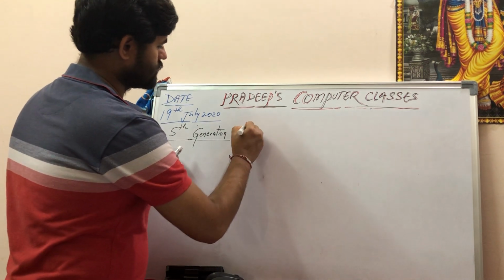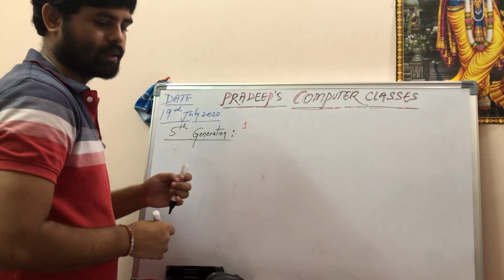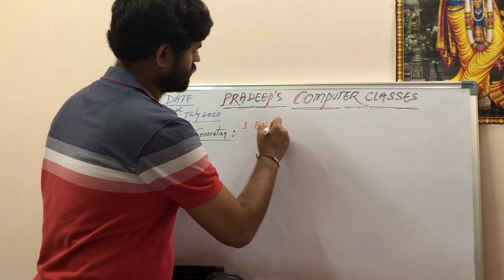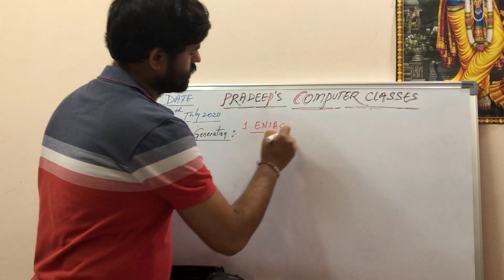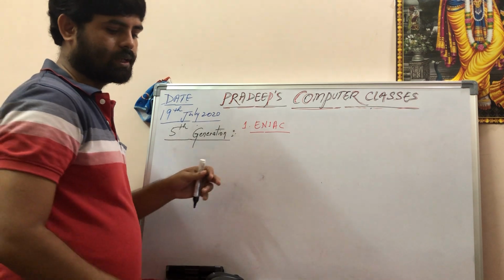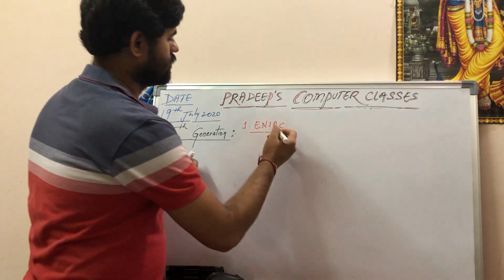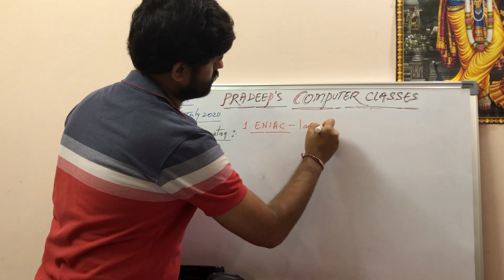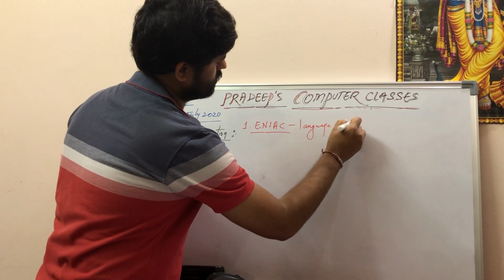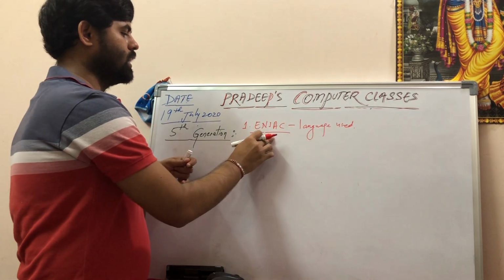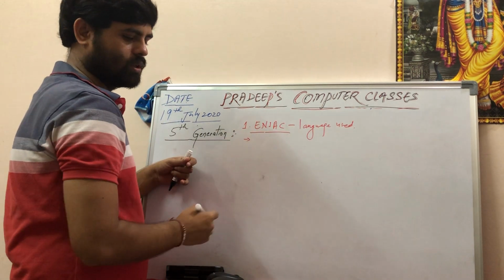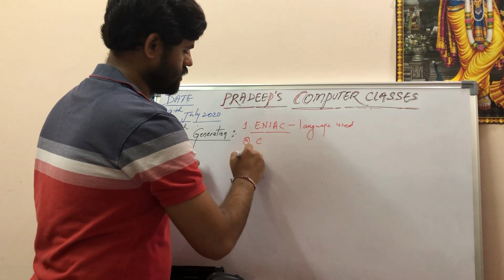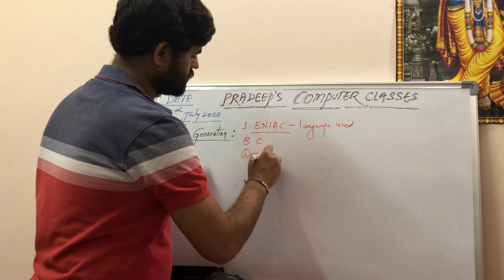So the first question will come like this. I have told something about ENIAC, right? The question will be: the language used in the ENIAC is. There will be multiple options. Option A will be C. The second option will be C++.